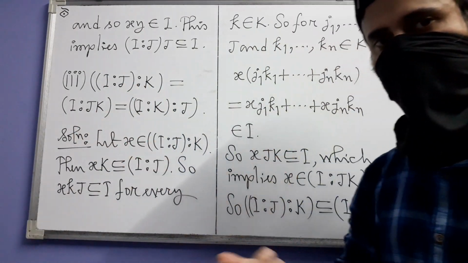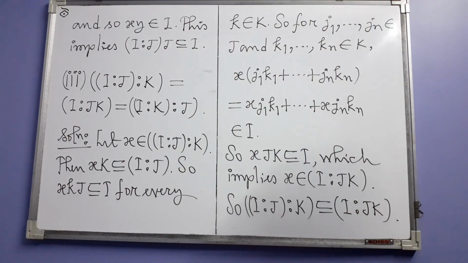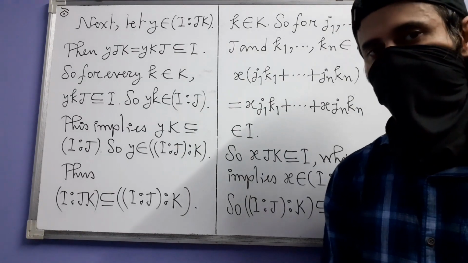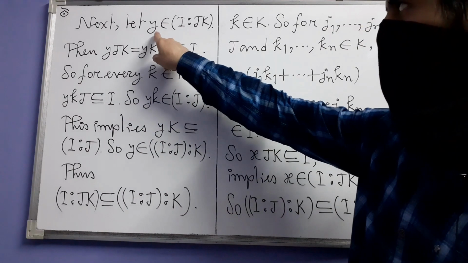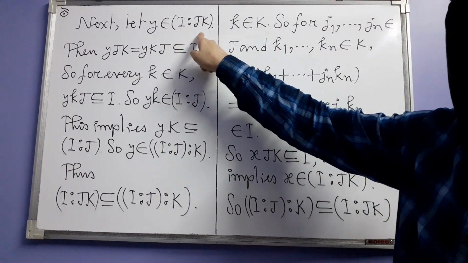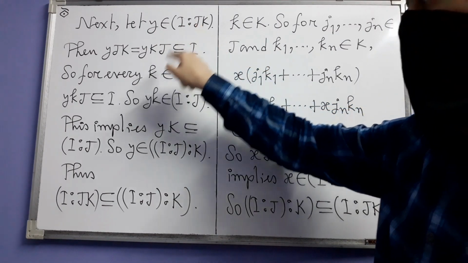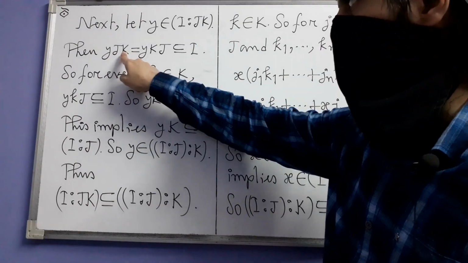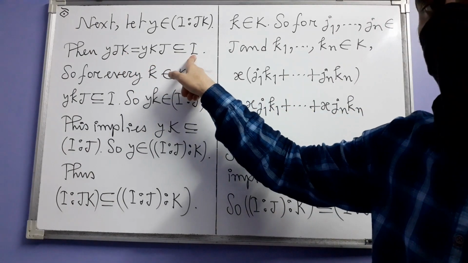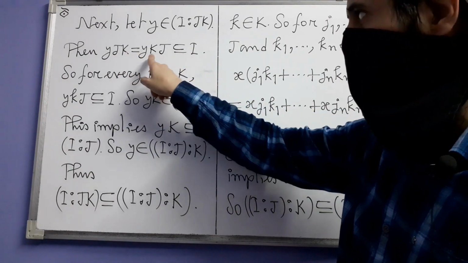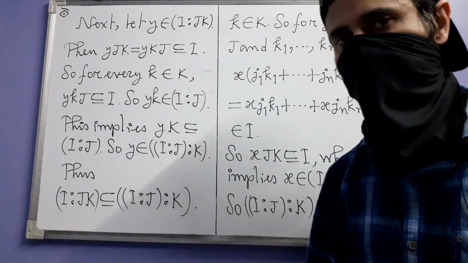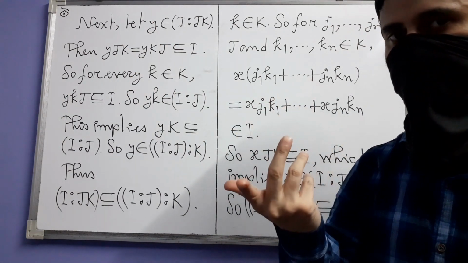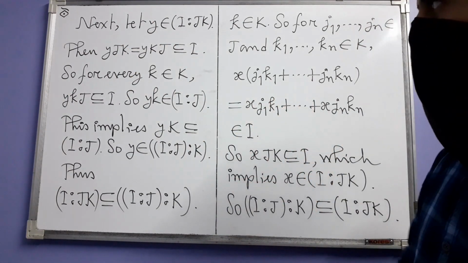Now we will go for the reverse inclusion. To prove the reverse inclusion, we take any element y in I colon JK. Then by the definition of this, y times JK is contained in I, but you can also write KJ in place of JK because product of ideals is a commutative operation.